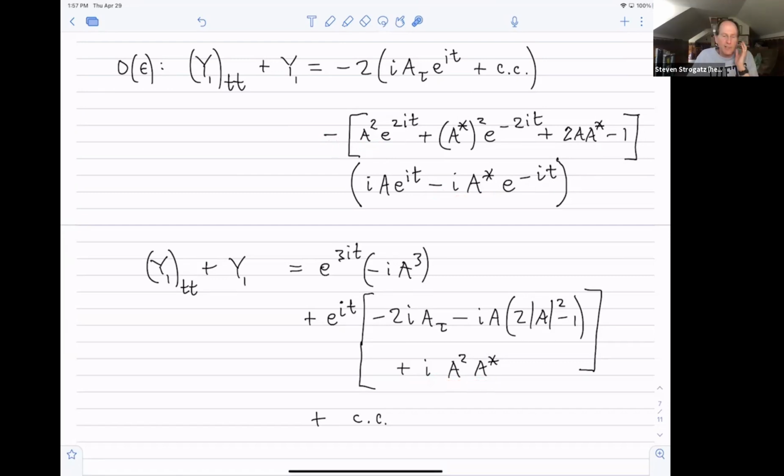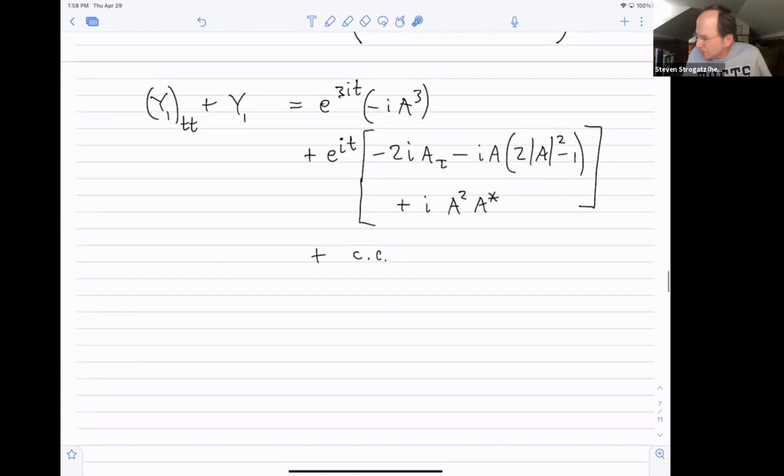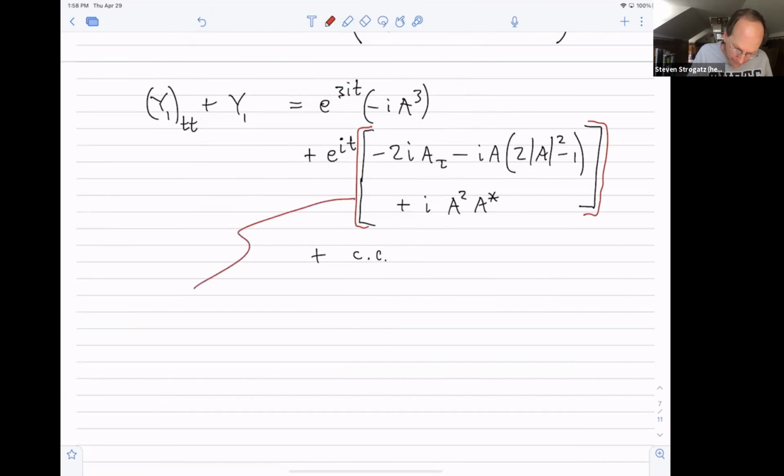Now, a squared a star is itself, you could use one of those a's to multiply the a star and get a modulus squared, and then leave the other a behind. So if I clean everything up, here's the point. This whole thing is my resonant forcing.